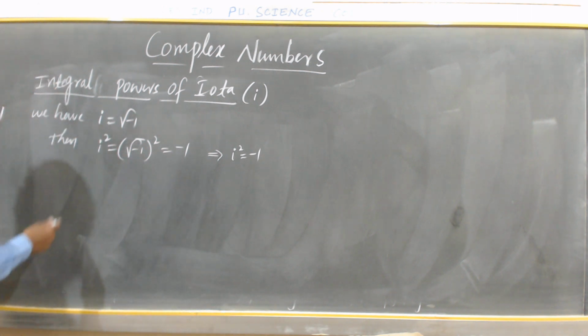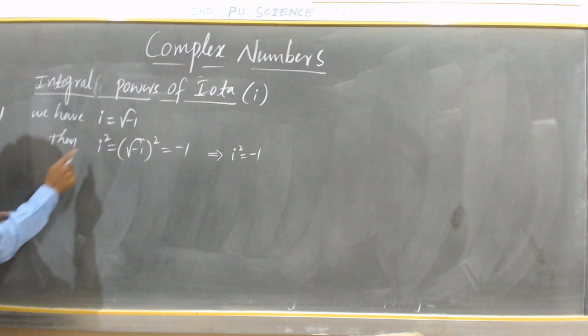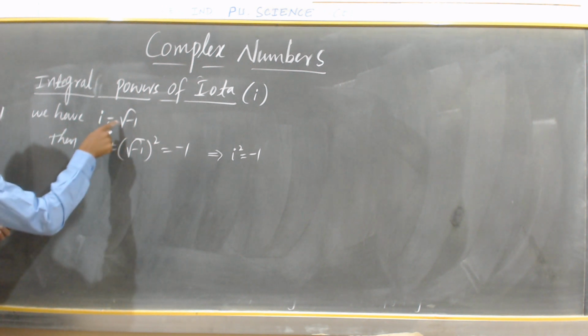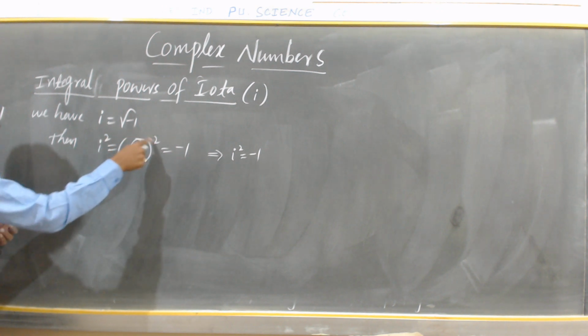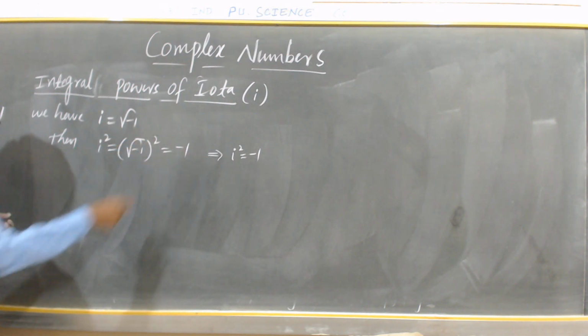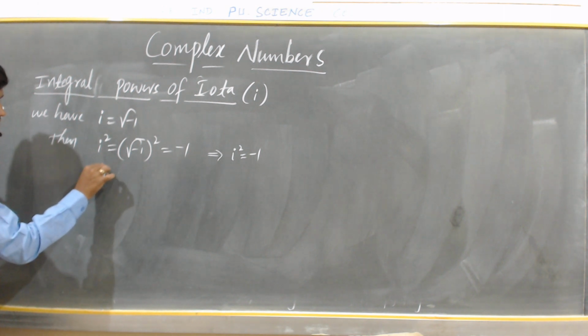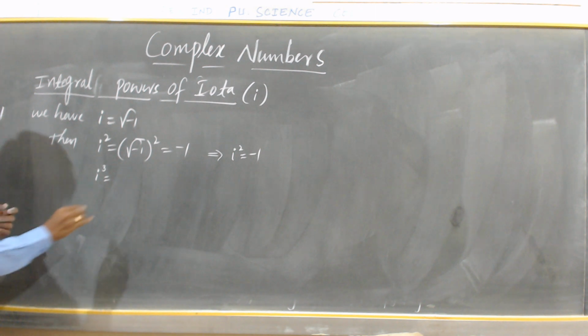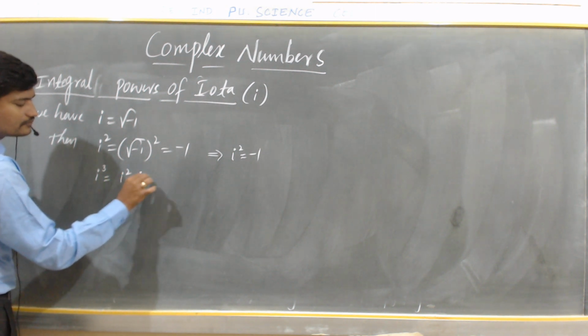Now, here i equals square root of minus 1, so i square is the square of the square root of minus 1; the square and square root cancel, and minus 1 comes. So i square is minus 1. Next, i cube: how do we solve it? I write i square separately into i separately.